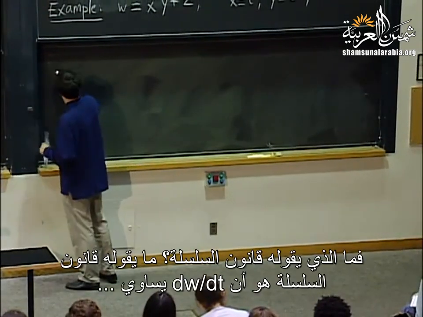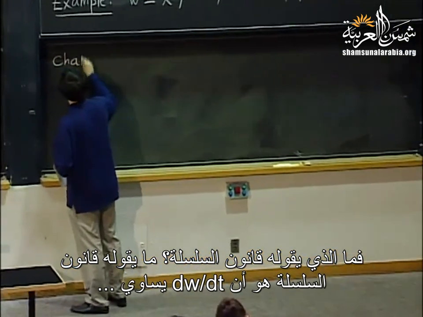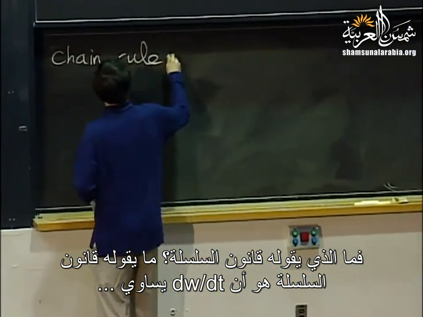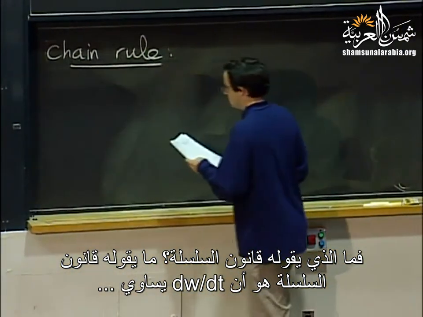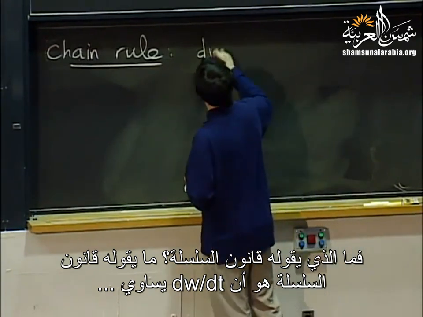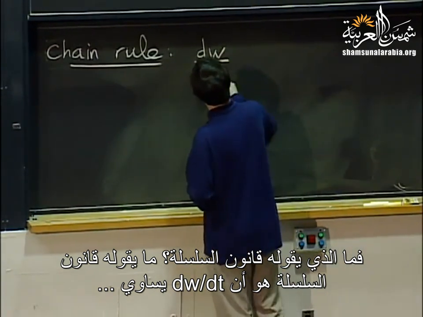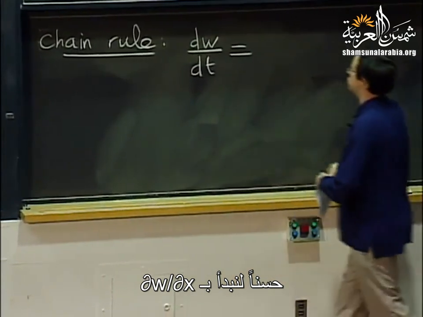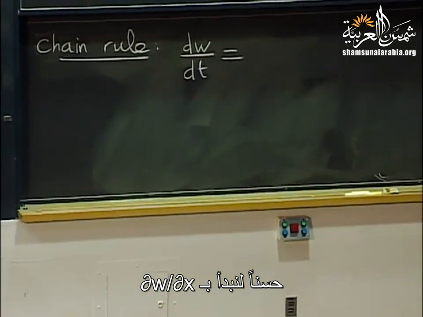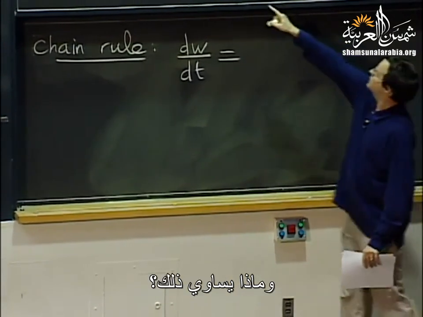So what does the chain rule say? Well, the chain rule tells us that dw dt is, we start with partial w over partial x. What is that?